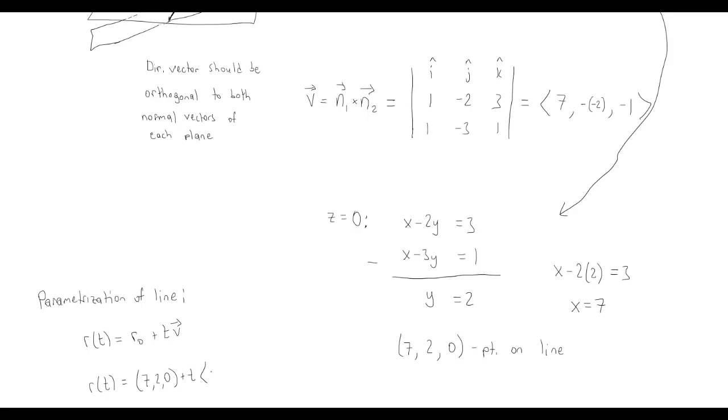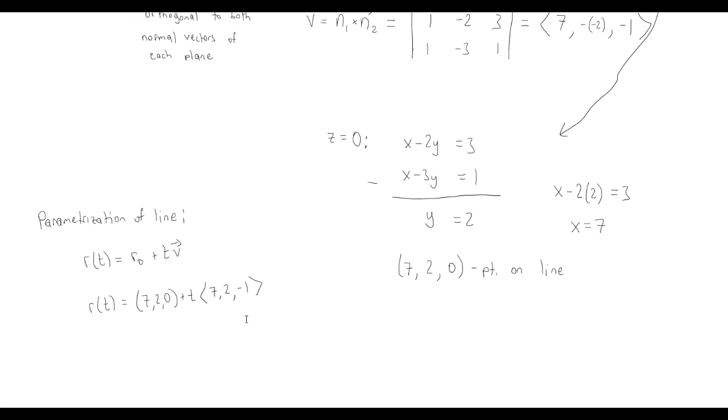Our direction vector, we chose 7, 2, and negative 1. So then, not that it matters, but I'll just put it all together. So 7 plus 7t, 2 plus 2t, and negative t. Okay, so that will give us a parameterization of the line. You can get the parametric equations and the symmetric equations from that. Okay?